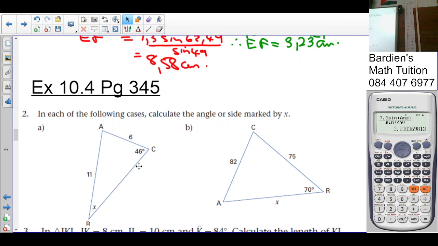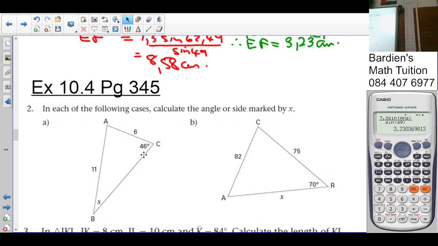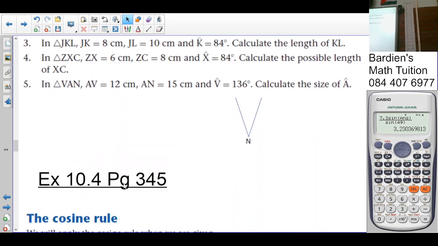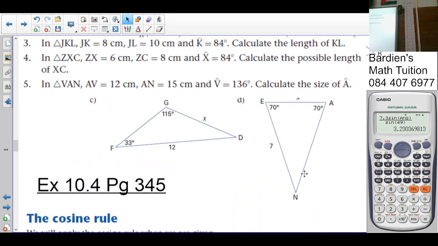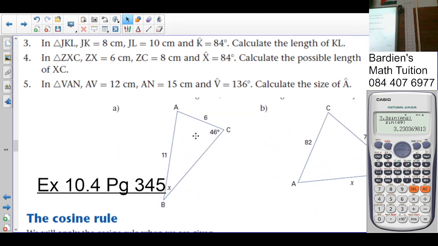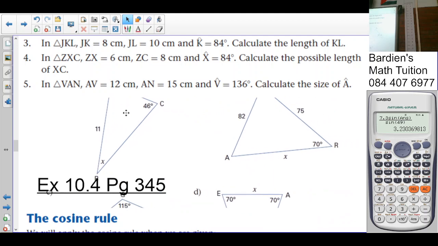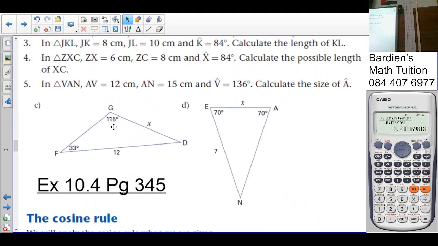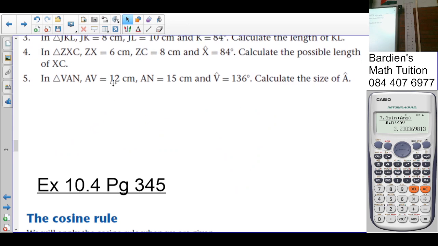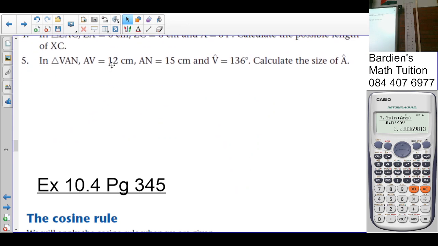Number 2, A, B. Number 3. Number 2, 2A, B, C, D. Number 3. Number 4. 5.